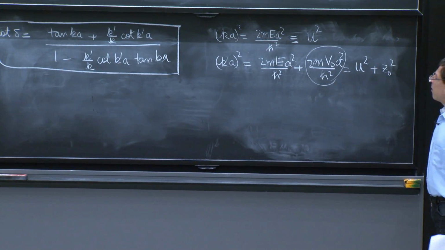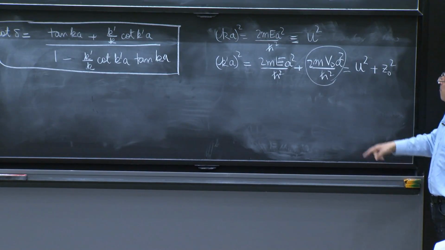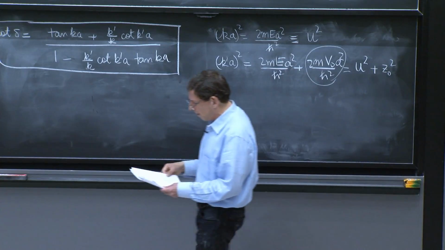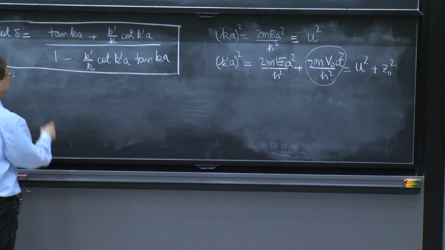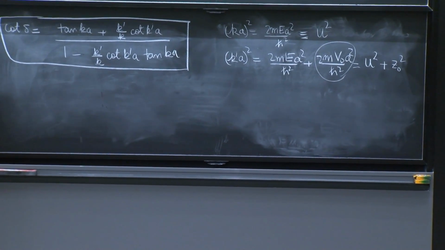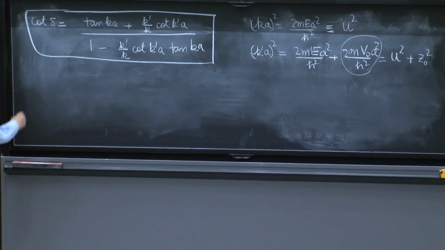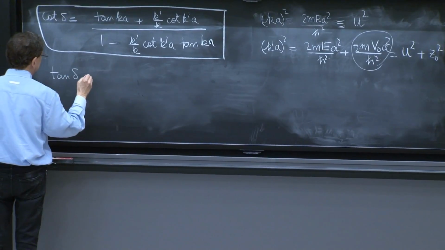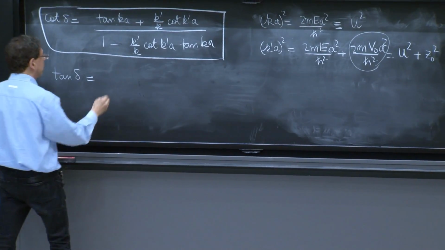So here we go. We have k prime a given by this quantity, and therefore, let me manipulate this equation. It's probably easier to consider just tan delta, which is the inverse of this.